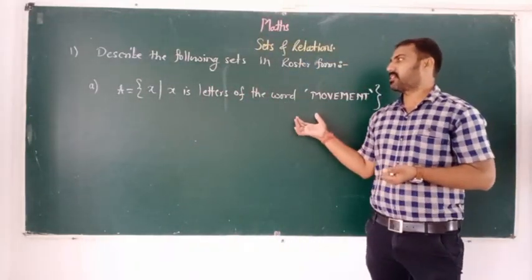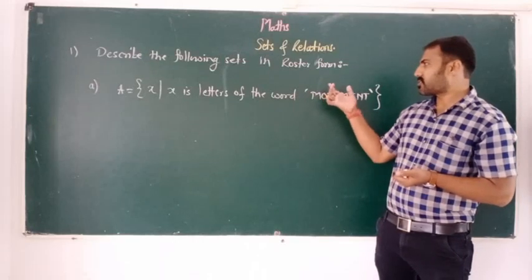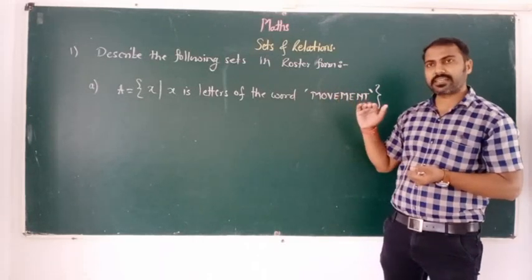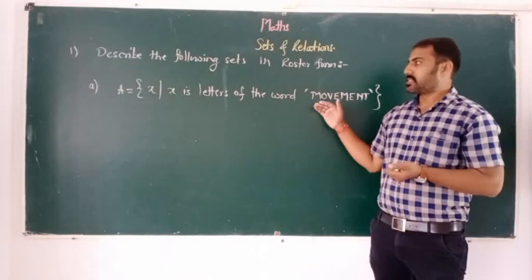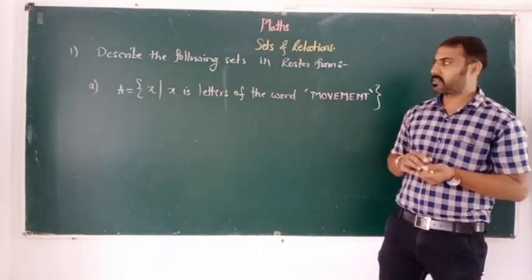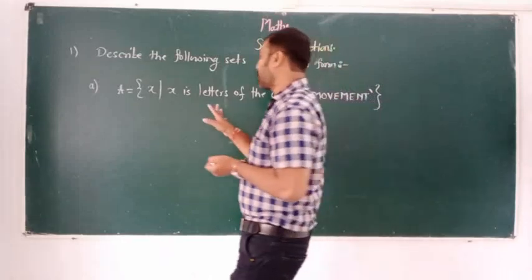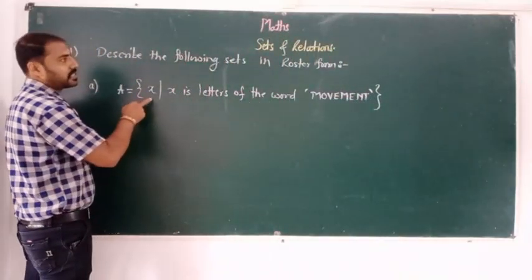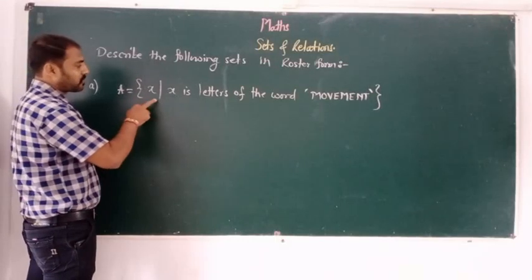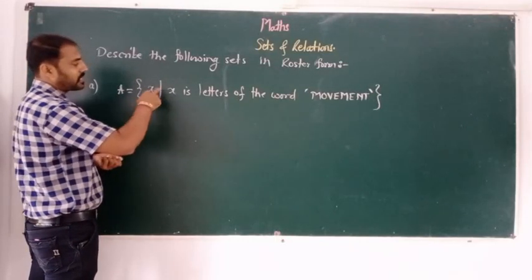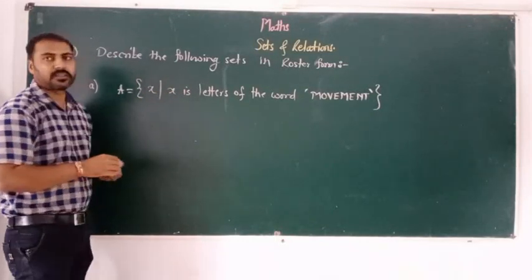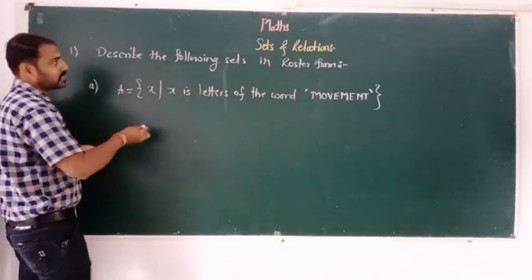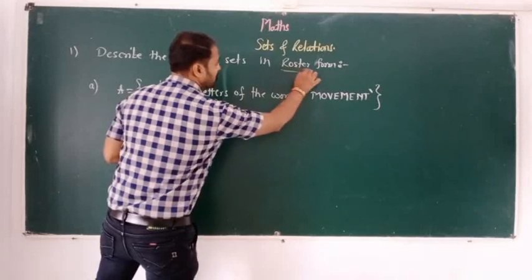The question is to describe the following set in roster form. There are two types of representation of a set: one is the set builder method, second is the roster method. Here the set is given in set builder method, that is formula form. Now I want to write this in roster form.